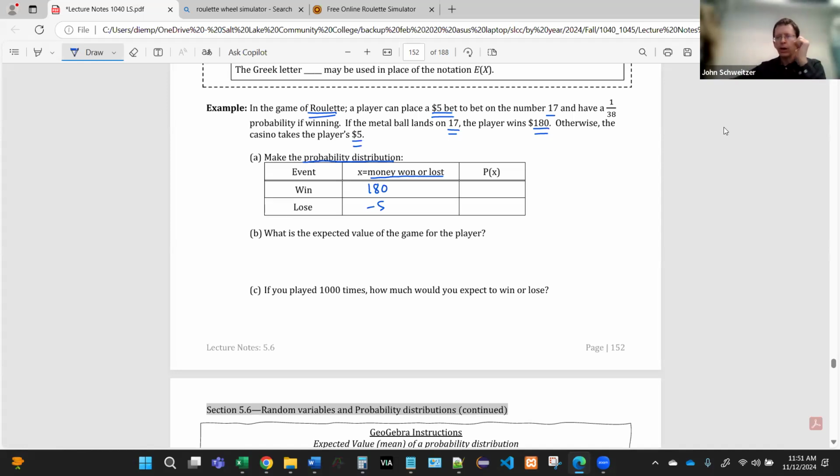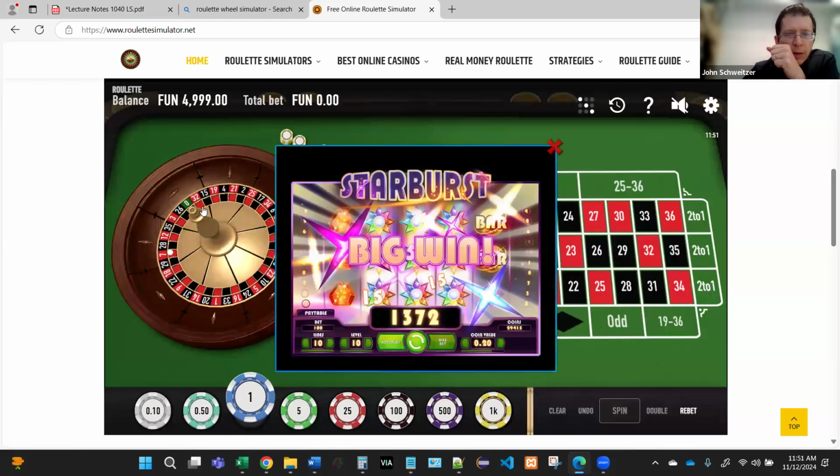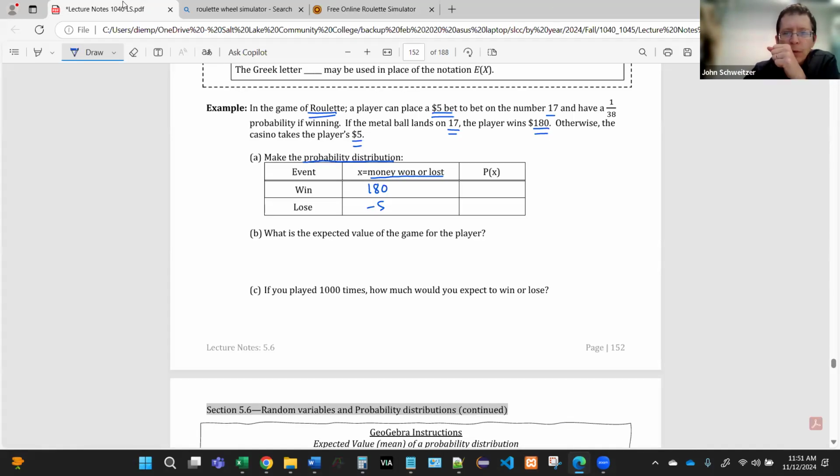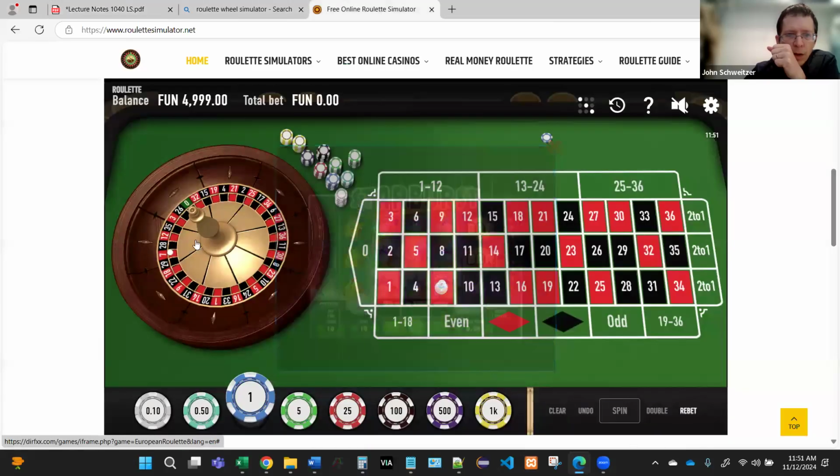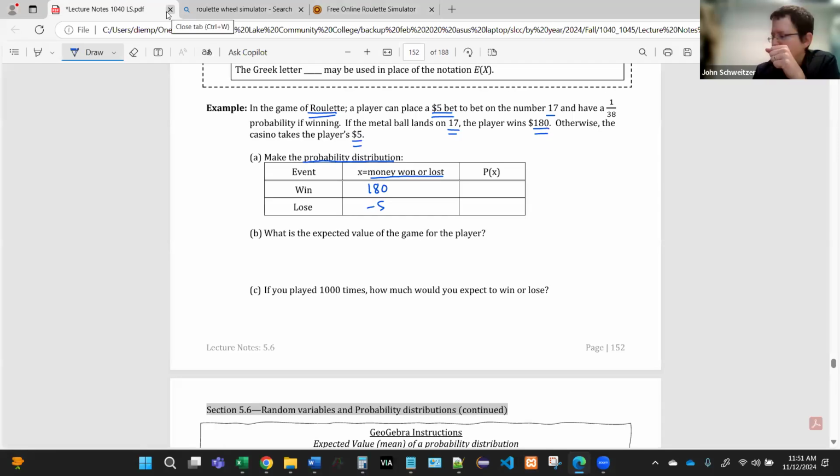Then we have another column where we list the probabilities. If you look on the roulette table here, there are 38 different slots for where the ball can fall, at least as I understand it. Yep, there's 38 there. So you have a 1 in 38 chance of winning when you play.